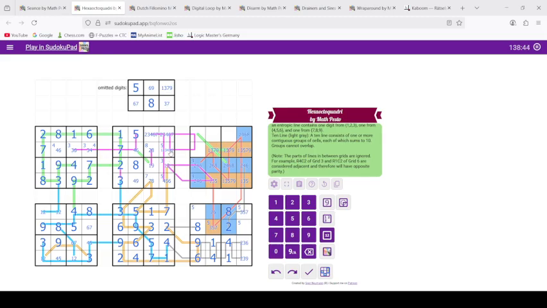If this was 1, the rest of this line would be 2, 3, 4. That'd be a 7 or a 9. That'd be 1, 3, 2, 4.